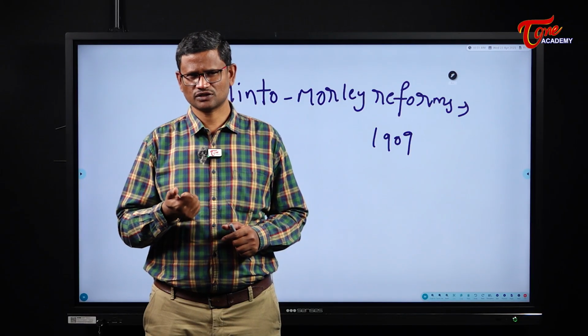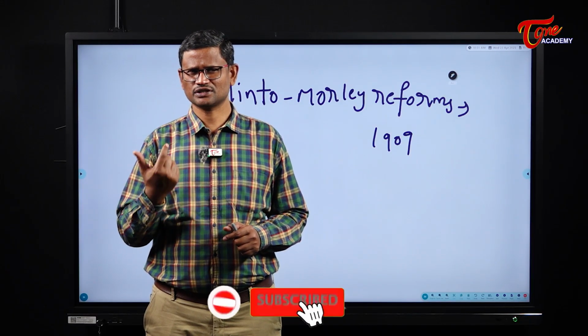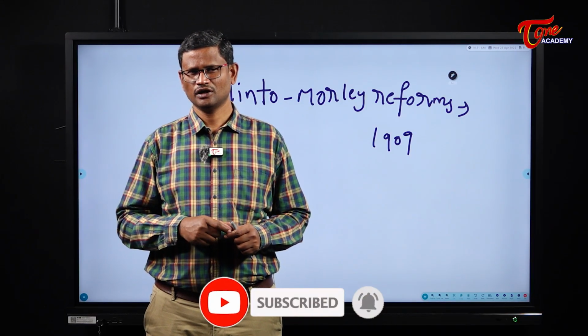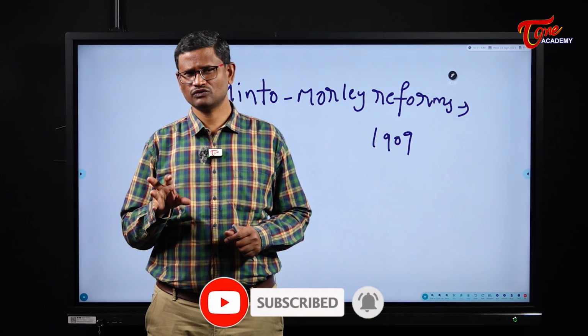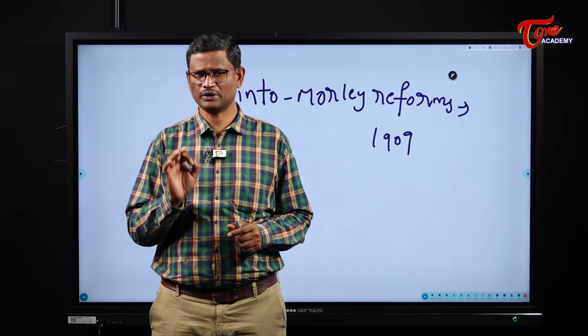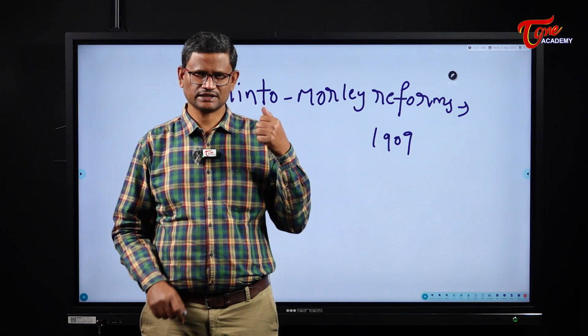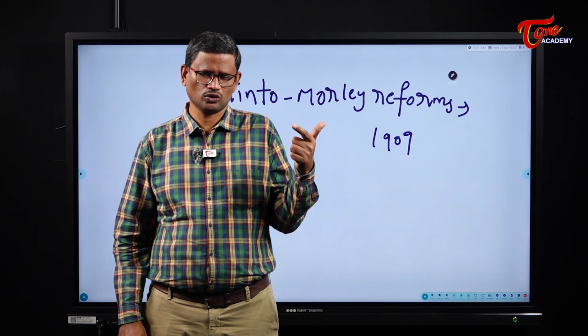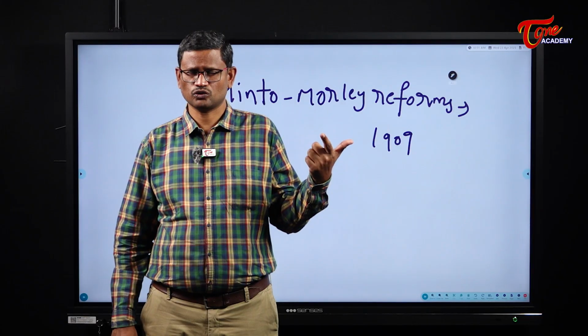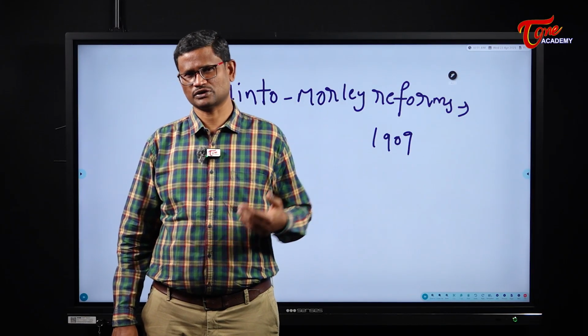A seat may be reserved for Dalits, a seat may be reserved for the tribal community, but all the people in that constituency will vote for that candidate. But under separate electorates, if a seat is reserved for Muslims, only the Muslims are allowed to exercise the right to vote in choosing the Muslim elected representatives.